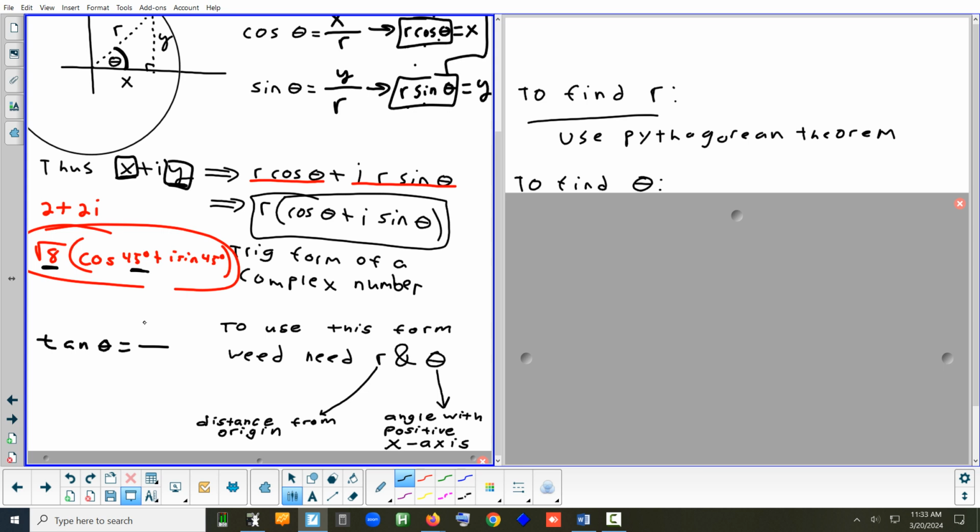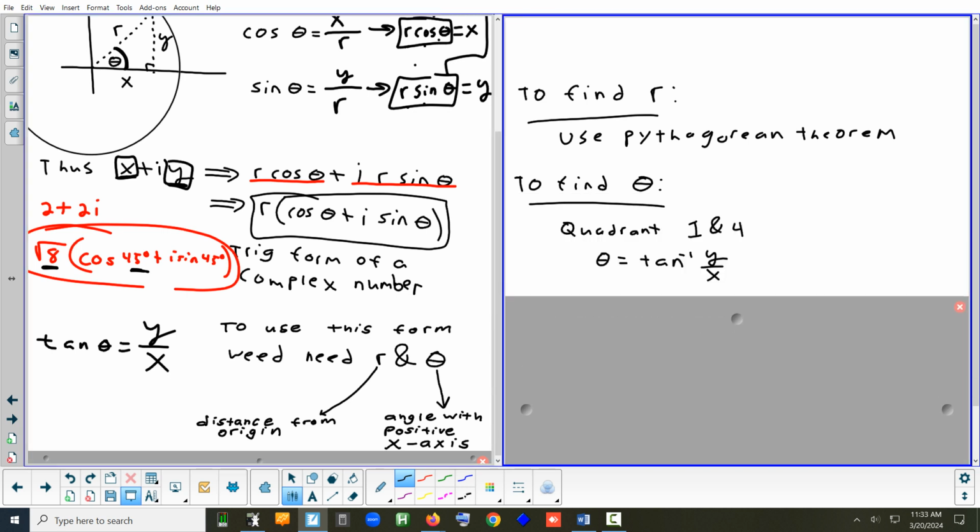What is tangent? It's opposite over adjacent. What's the opposite in that triangle? Y. And what's the adjacent? X. Now, the goal isn't to find tangent theta. The goal is to find theta. So tangent needs to disappear. How are we going to get rid of tangent? Arctangent. Yeah, we're going to use the arctangent or the inverse tangent.